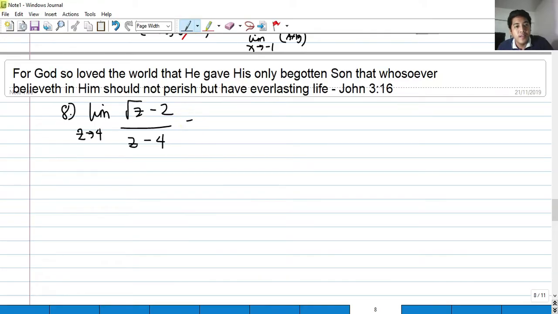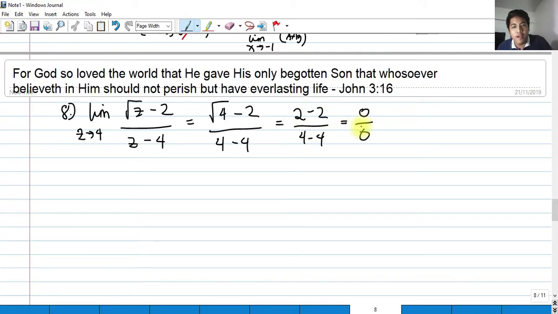Notice that if we substitute 4 directly, the square root of 4 minus 2 is 2 minus 2, over 4 minus 4. So we would be having an indeterminate form, which we cannot allow. So we must do something first before we evaluate the limit.